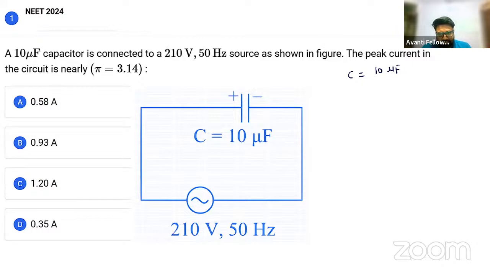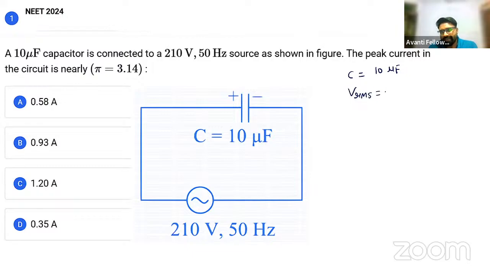As I show you in this question, in every question these types of data will be mentioned, so you must be aware of what this 210 volt given to you is. Until and unless it is mentioned that it is a peak value, you have to consider this 210 volt, or whatever the value is, as the RMS value.